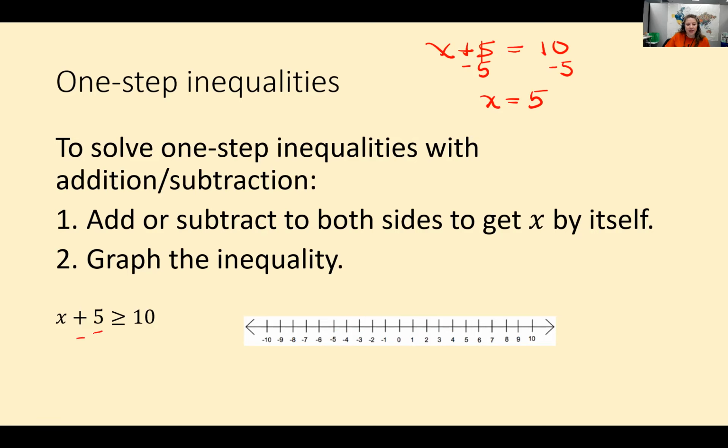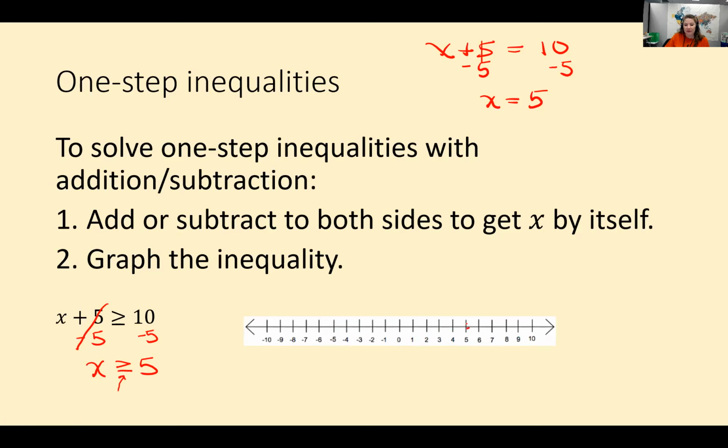So I'm going to bring down my minus 5 on both sides of the inequality. This is gone. So I have x is greater than or equal to 10 minus 5, which is 5. All right, so I'm going to go to 5 on my number line. I'm going to fill in the circle because this says or equal to 5.